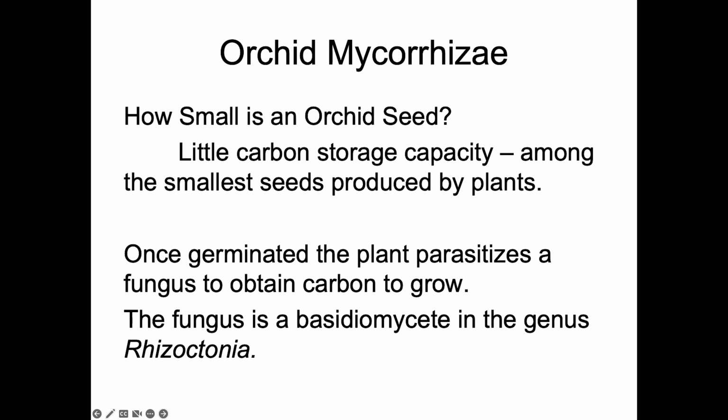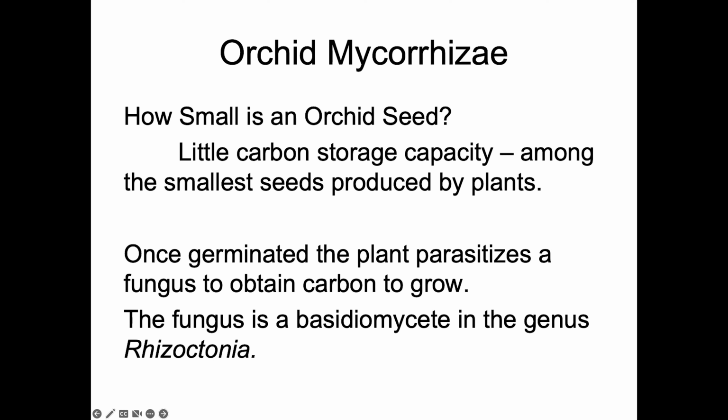And notice what the fungus is. Rhizoctonia. Right? You have to deal with rhizoctonia rot in your fields. But this fungus is mycorrhizal with orchids as a basidiomycete. So it just shows you that it depends upon where the situation is as to what these fungi are going to do.